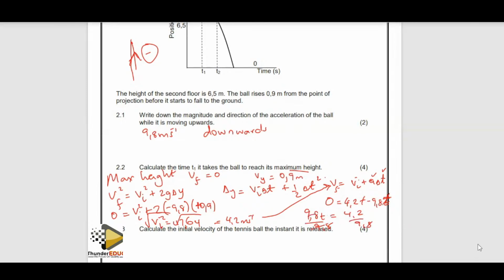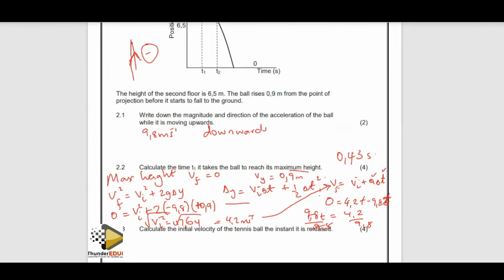So 4.2 divided by 9.8, I'm getting 0.428 seconds, which will be more or less 0.43 seconds. Okay, that is 0.43 seconds. So that is it in 2 steps. But someone can even use this second equation, since you're looking for t, and then you get that straight away.